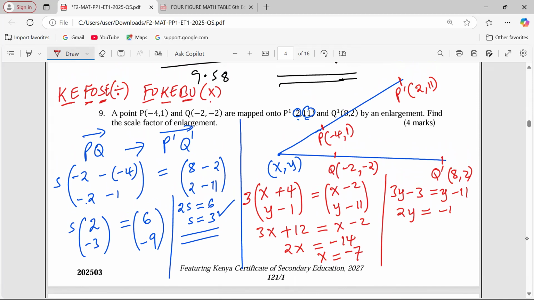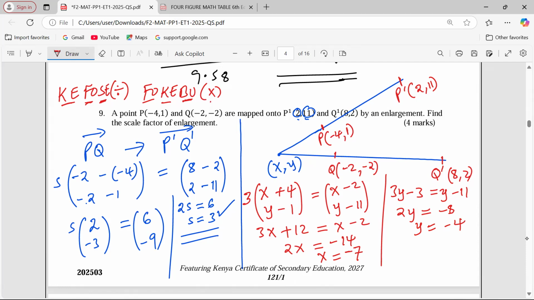Okay, so this -3, when we add 3 to the other side, it shall be -11 plus 3, giving us -8. So the value of y shall be -4.